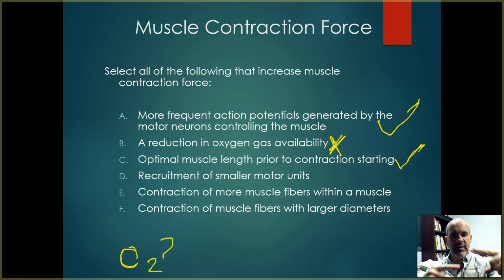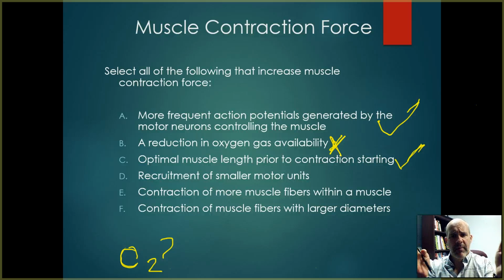By optimal length, that means down deep inside the individual muscle fibers, your actins and your myosins are overlapped just enough so that they have plenty of room to slide across each other and give you a good contraction force. If a muscle is too stretched out before the muscle fibers start contracting, your actins and your myosins might not be overlapping enough. They can't even make physical contact with each other if that muscle is too stretched out when you start a round of contraction.